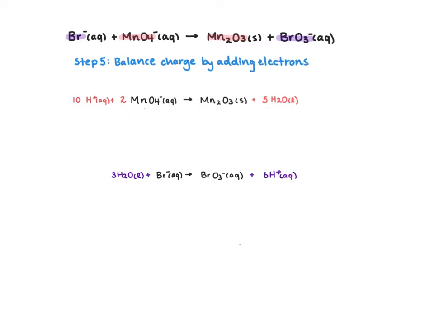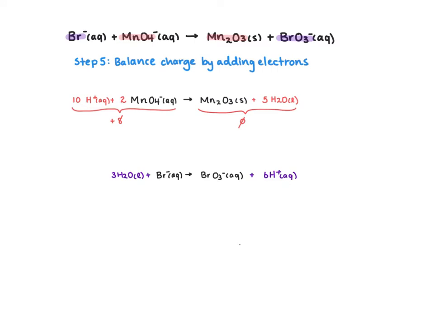In our next step, we are going to balance charge by adding electrons. So we'll start again with our manganese reaction. The charge on our reactant side is positive 10 from the hydrogen and negative 2 from the permanganate. So overall we have positive 8. And our overall charge on the product side is 0 because both of our species are neutral.